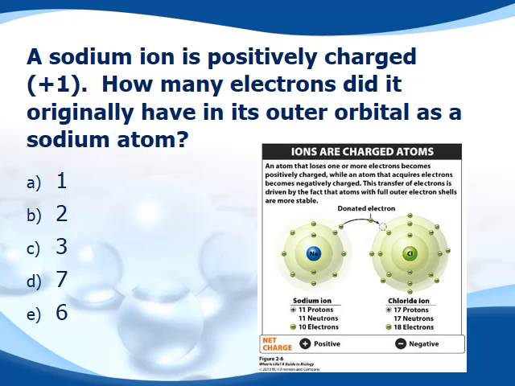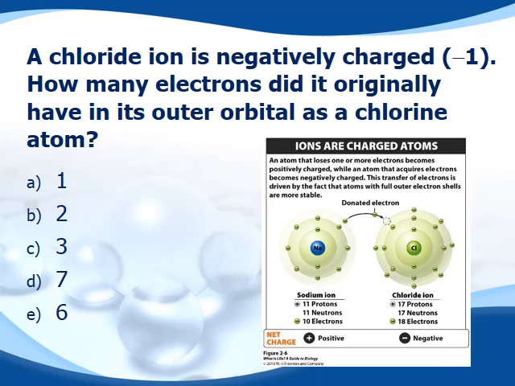A sodium ion is a positively charged +1. How many electrons did it originally have in its outer orbital as a sodium ion? Please use the diagram provided. Is the answer A, 1, B, 2, C, 3, D, 7, or E, 6?